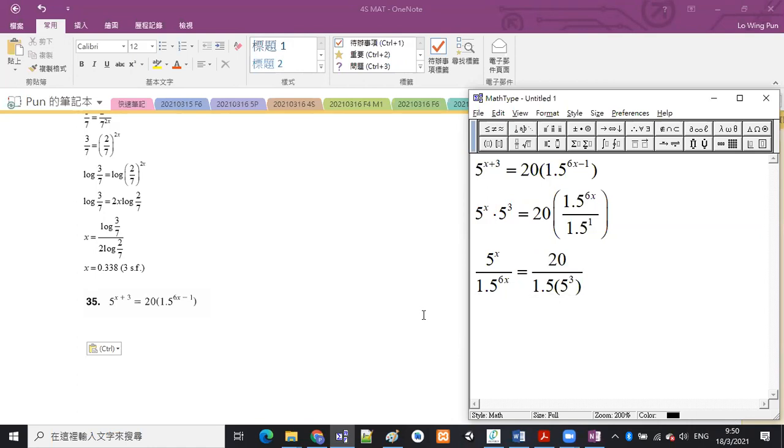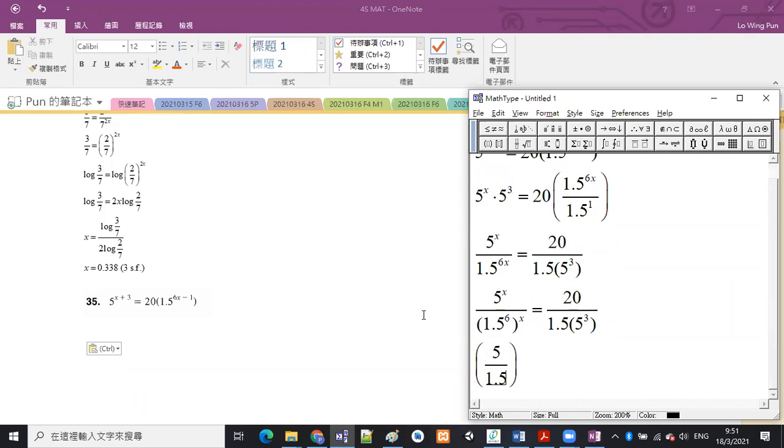Can you get this? When you move terms over, what is in the numerator goes to the denominator, and what is multiplied in the denominator goes to the numerator. But be careful here: the 1.5 to the power 6x has x as the power, so I have to turn it into this form first. 5 to the power x, no change, and this becomes 1.5 to the power 6 and then to the power x. I'll press the calculator in a moment, not yet. Both numbers on the left hand side are of the power x, so I'm going to take out the power x like this. 5 divided by 1.5 to the power 6, and then to the power x, is equal to 20 over 1.5 times 5 cubed.